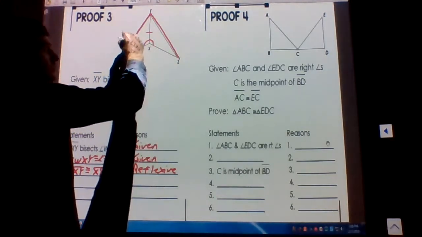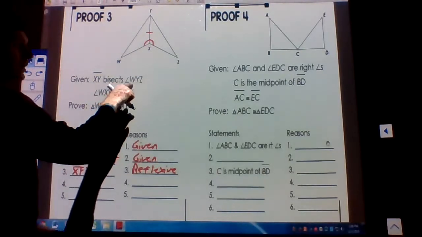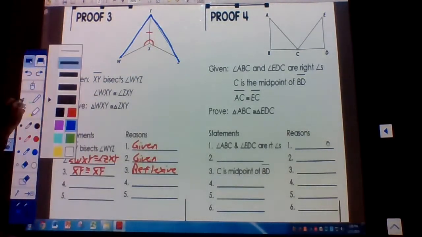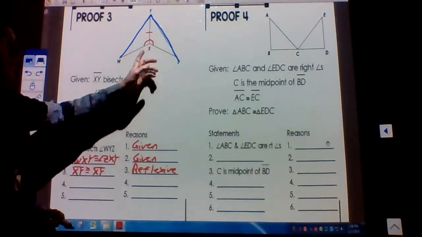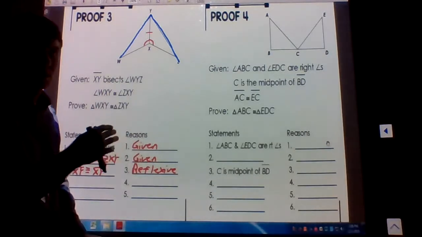Okay, so it's telling us XY bisects angle. So here's our angle. Let's do a different color. Okay, we're bisecting angle WYZ. So that's the angle we're bisecting. Okay, XY is bisecting that, meaning it's cutting it in half into two equal pieces.